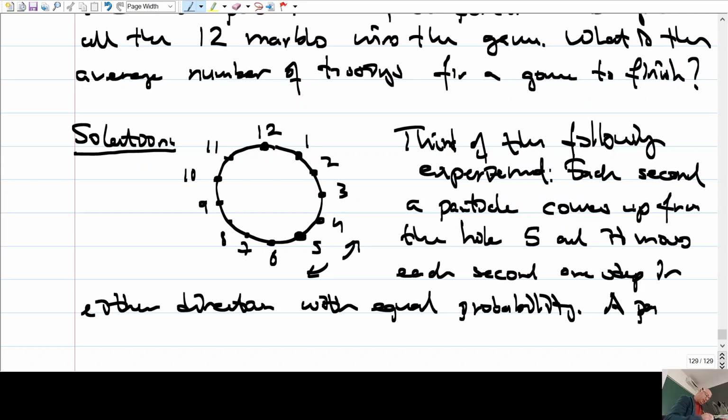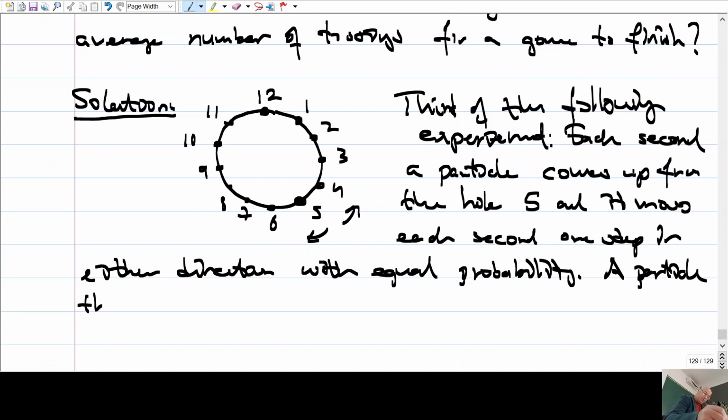A particle that reaches 12 disappears. Okay.